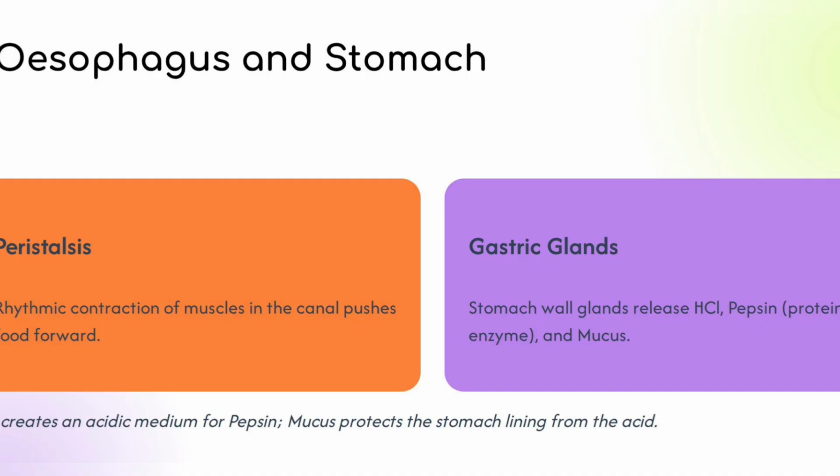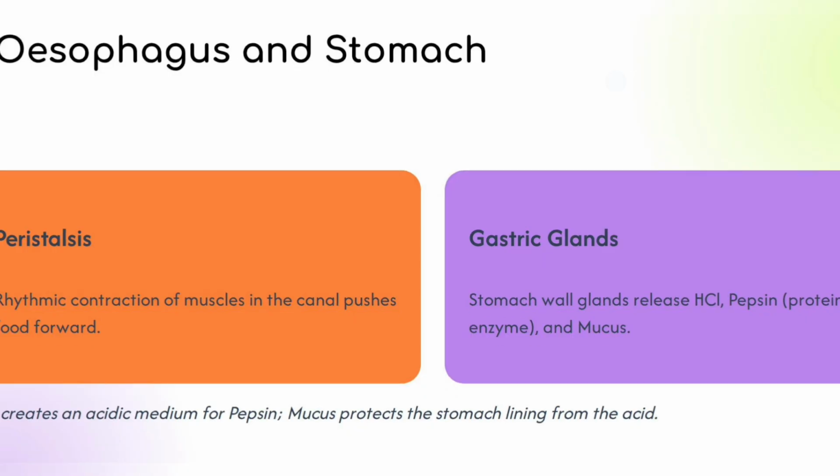And here peristalsis happens, the rhythmic contraction and relaxation of muscles that pushes the food forward like a wave. In the stomach, gastric glands release three important things: HCl, meaning hydrochloric acid, second pepsin, and third mucus.